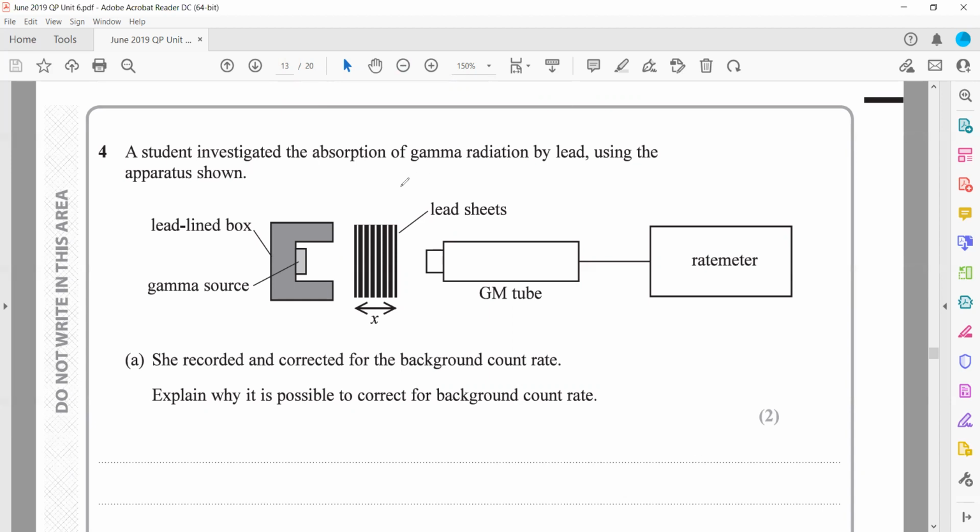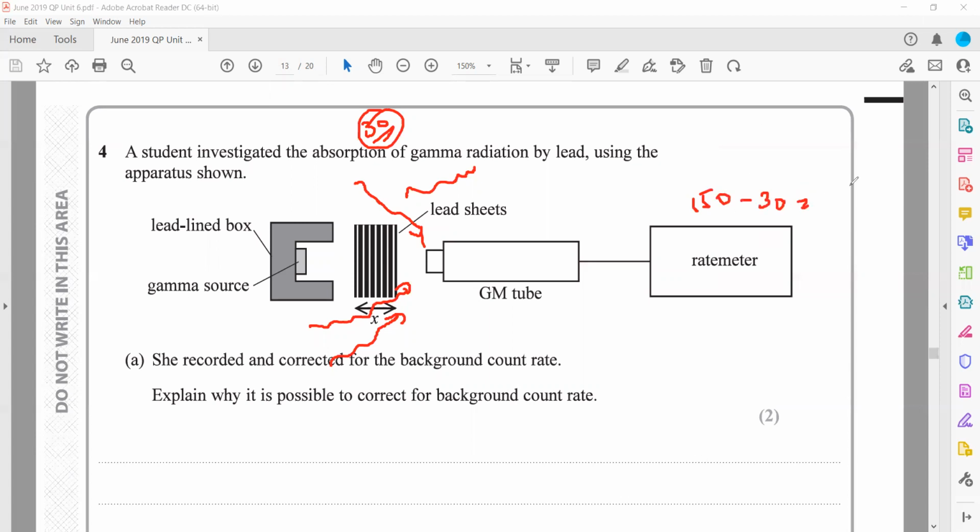Because if there was no source, the radiation would enter the GM tube even though there is no source. Every time, the same amount of difference will be there. For example, if I say on average the background count is 30, and the total count on the rate meter is 150, what will be the reading from the source?